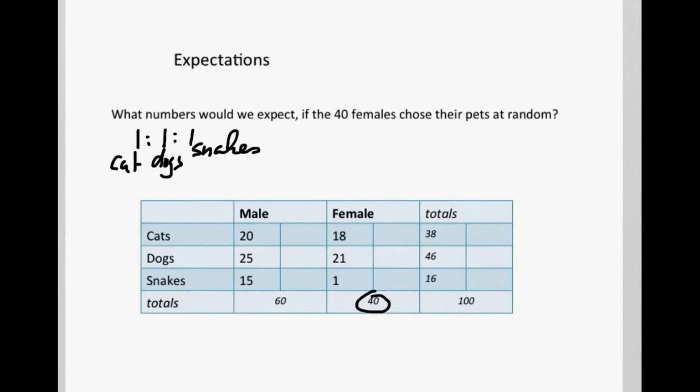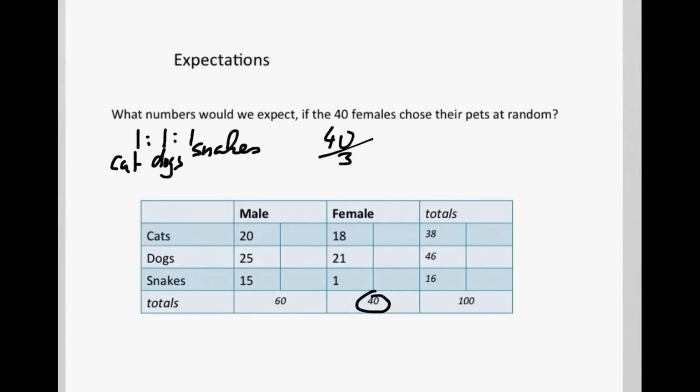So what we need to do, if it is completely random, is take these 40 and divide it by 3. And that gives us the number of cat lovers, dog lovers, and snake lovers if there was no preference. So let's say, actually, you do it, and I'll give you a few minutes, and you can stop it and try to figure out what the numbers are here.